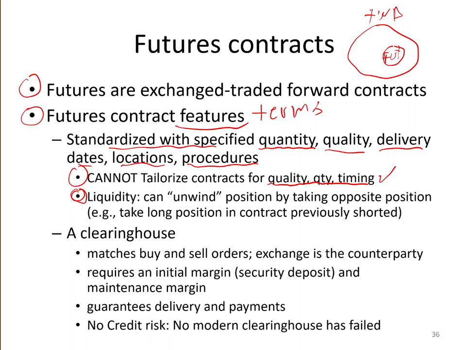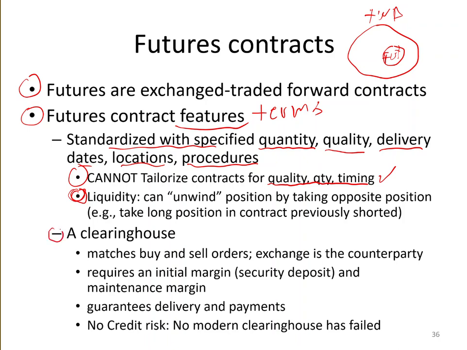So now you have a contract to buy at a particular price for December, and you've entered into a contract to sell at a particular price, and the difference in those prices would be your profit, but you're out of the position. We call that unwinding the futures contract. And that liquidity can be valuable. What if you find out your business doesn't need some particular asset or cannot sell a particular asset?